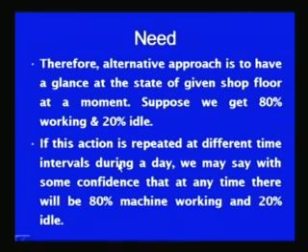But if we have a look at the shop floor at different times, and this action is repeated a number of times at different time intervals during the day, then we may say with some confidence that at any time 80% of the machines are working, or 20% of the machines are idle, or 80% of the people are working, or 20% of the people are idle.